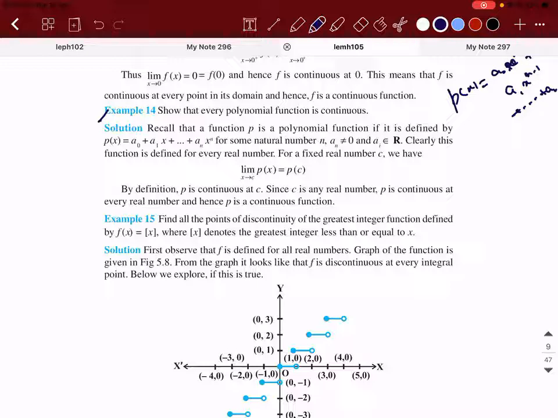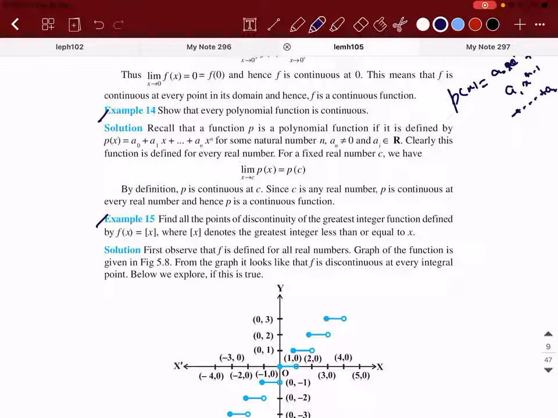Now the 15th one. Find all points of discontinuity of the greatest integer function defined by f of x is equal to greatest integer of x, where the greatest integer of x denotes a value less than or equal to x. Even before you solve, can you tell me where it will be discontinuous? At all integer points. Why is it so? On the left of a given integer, it will be the number before that integer.